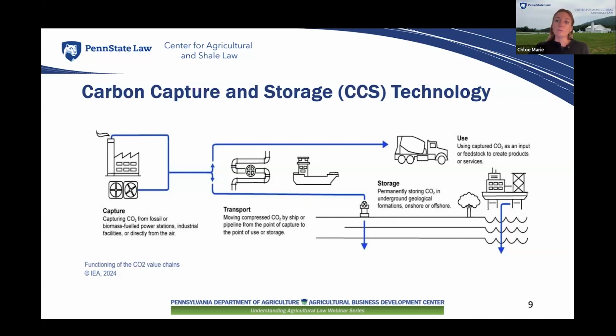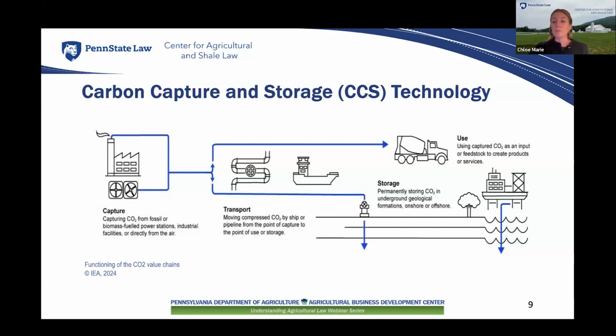So there are three main methods of capturing CO2. We have post-combustion, which is commonly used in existing plants. We have pre-combustion, where CO2 is captured before the fuel is burned, and oxy-fuel combustion, where fuel is burned in pure oxygen.